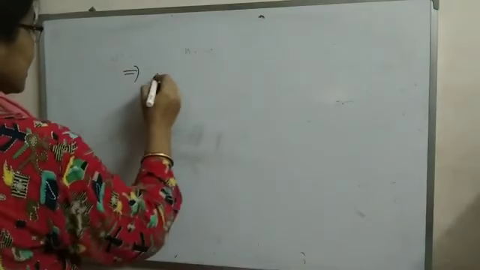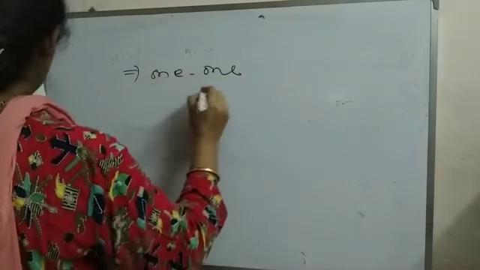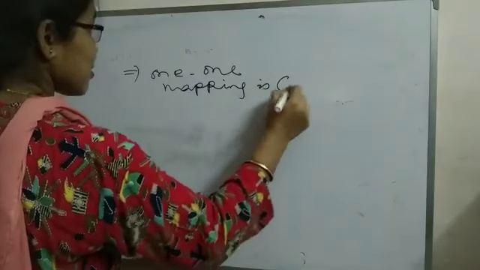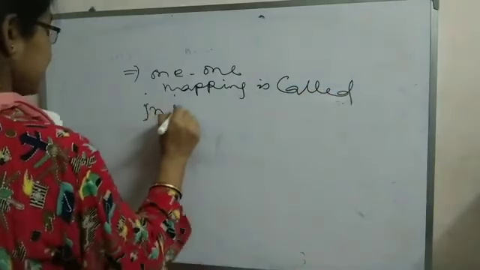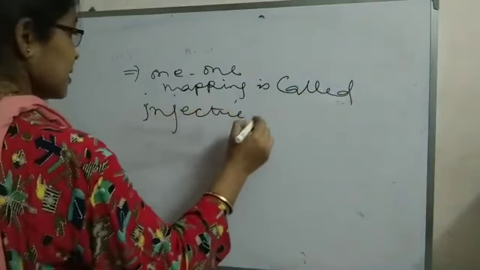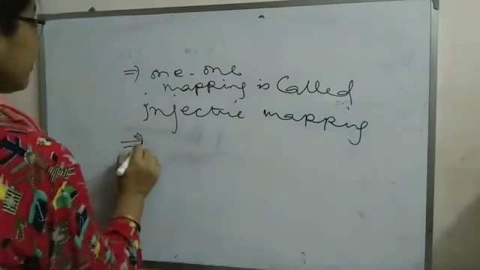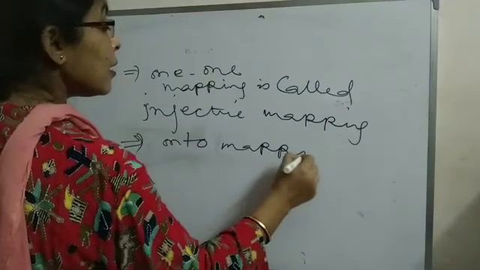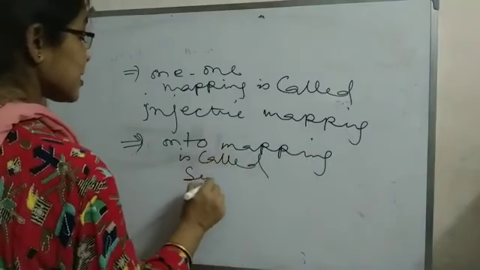Next portion is: one-one mapping is called injective mapping, and onto mapping is called surjective mapping.